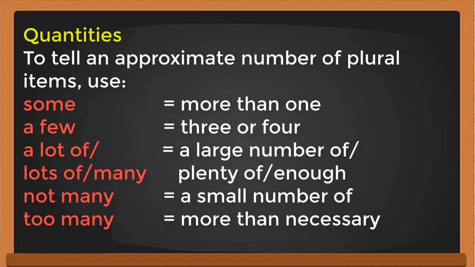And then too many is more than necessary, which means you have more than you're supposed to have. For example, if you are in a lift and the capacity is 10 people, then if you have 12 people, it is too many. That's the meaning of it, more than necessary.